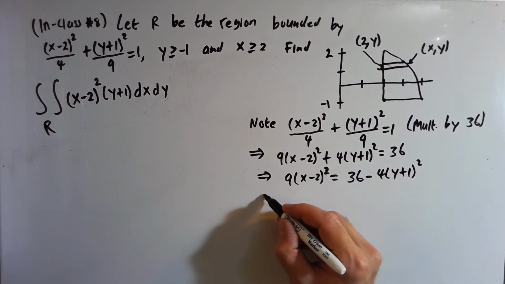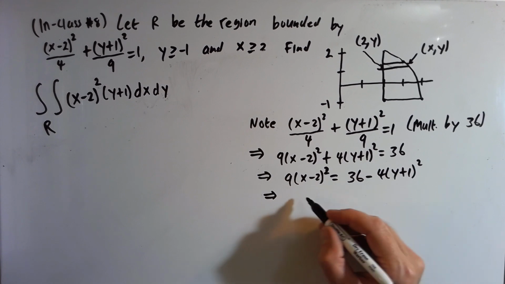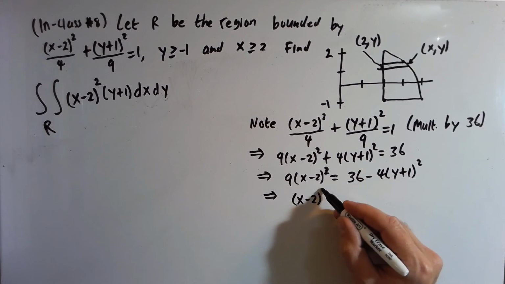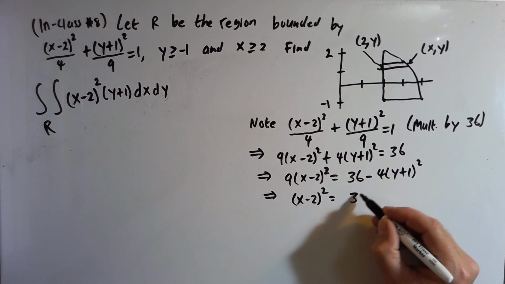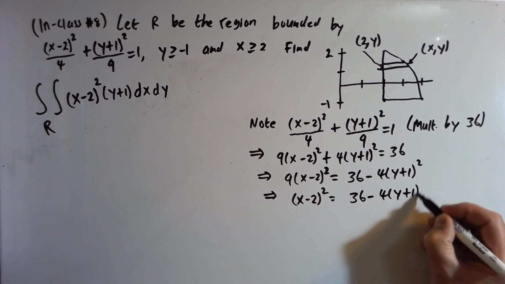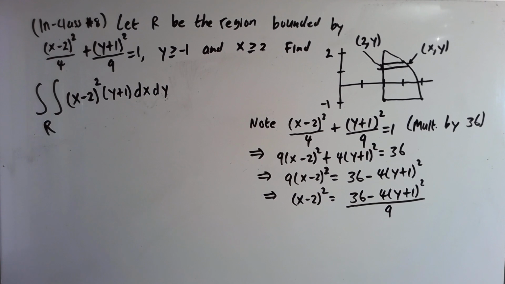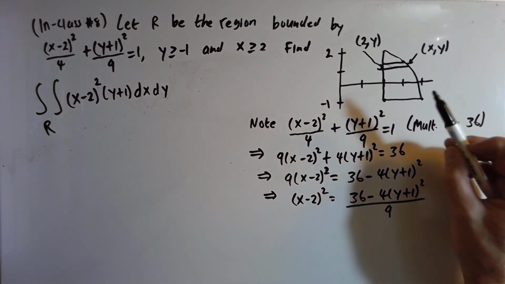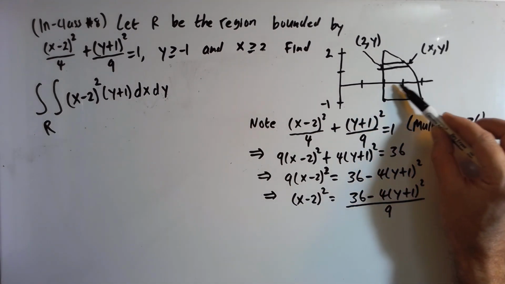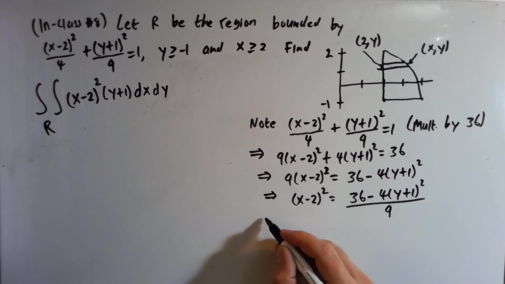Then dividing both sides by 9, we'll have (x minus 2) squared equals 36 minus 4(y plus 1) squared, all divided by 9. Looking at our picture, in this region x is bigger than 2, so x minus 2 is positive. So when I take the square root, it will be the positive square root.